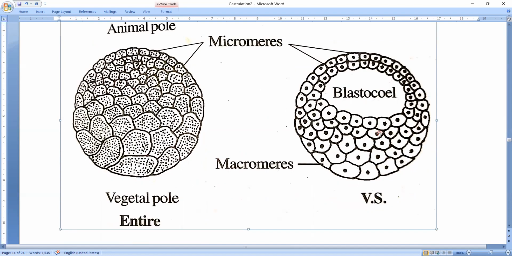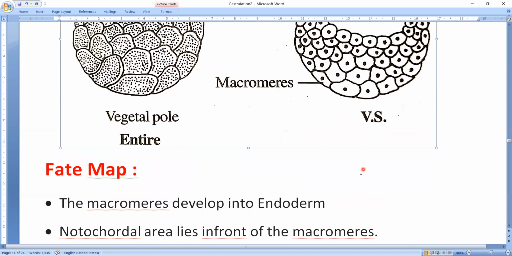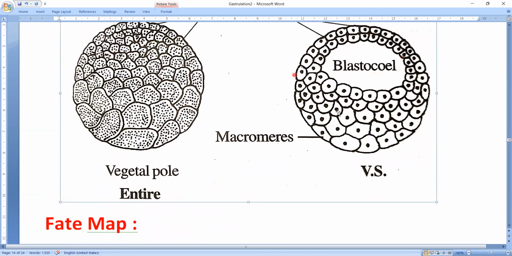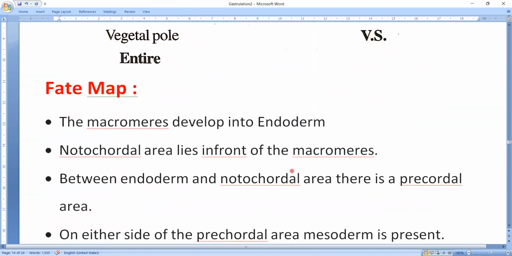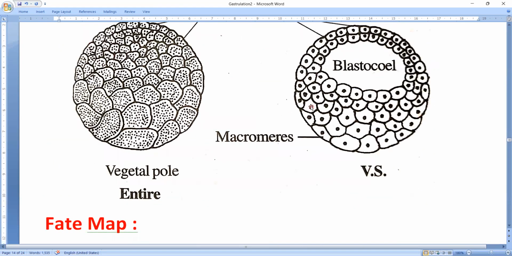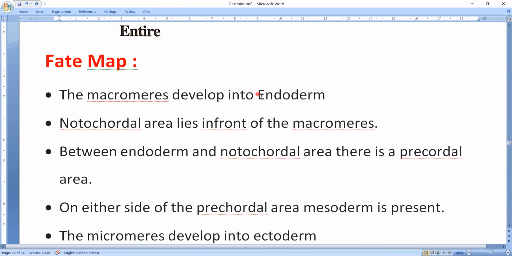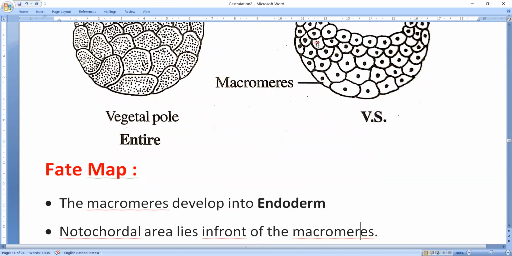Then fate map. During this rapid cell division in the blastula, some presumptive areas are formed. We can identify them in the blastula itself. The macromeres which are present in this region will become the future endoderm.